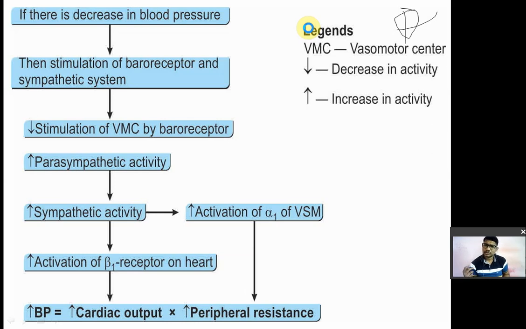They are situated in the arch of the aorta, the biggest artery of the heart. So in that aorta, these baroreceptors are situated, and these are sensitive to pressure change.